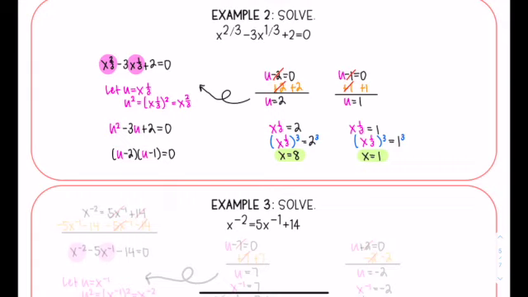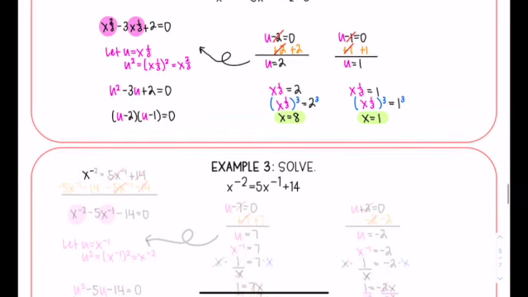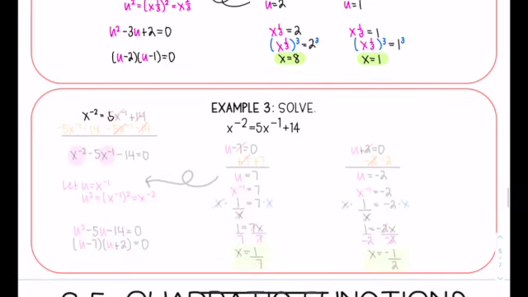Let's go ahead and try one more. We have x raised to the -2 equals 5x to the -1 plus 14. Well, with quadratics, we always set them equal to 0 first, and that is the goal, to make this look like a quadratic.